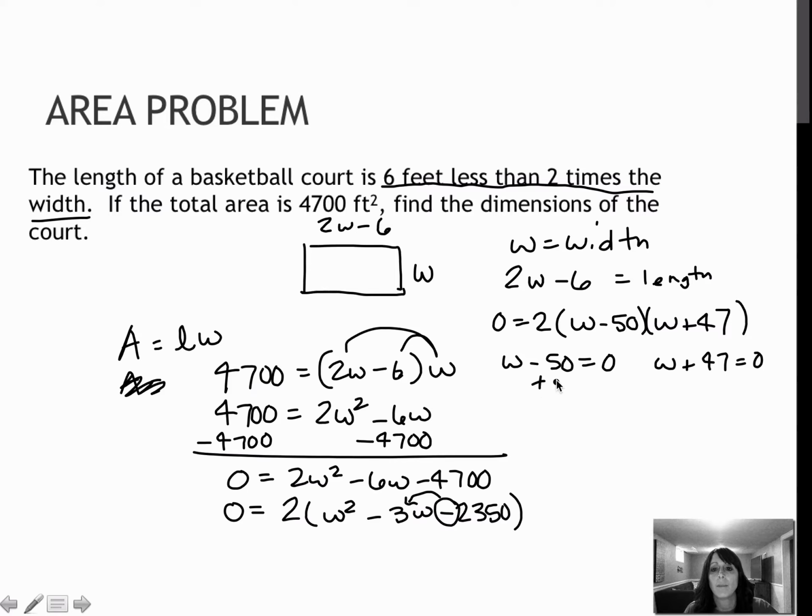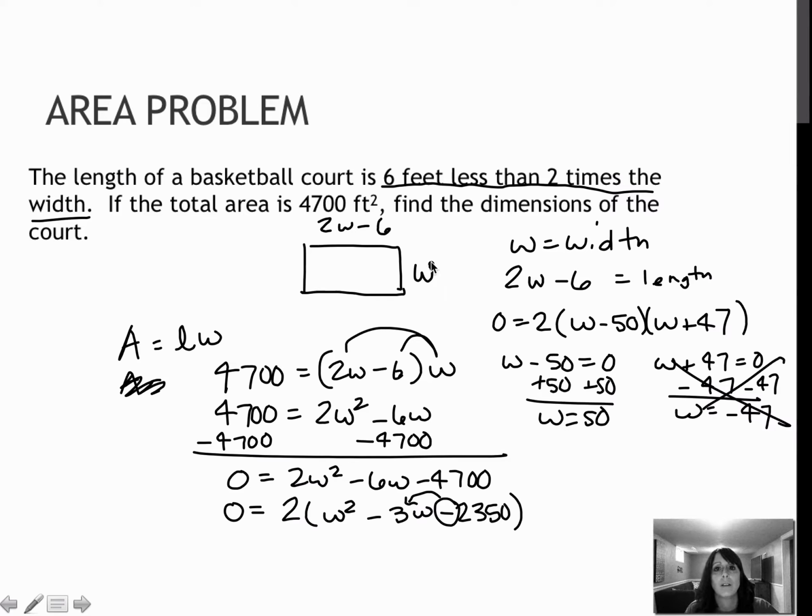Solving my first binomial gives me that W is 50. And solving my second binomial gives me that W is negative 47. Well, I know that if I'm dealing with dimensions, a negative value does not make sense. So the 50 does make sense, and that would be the width.